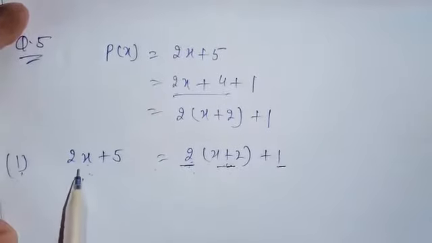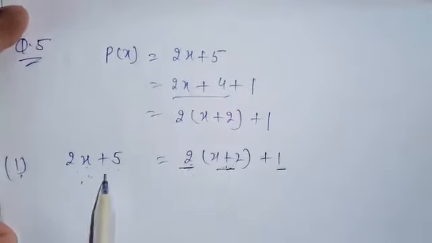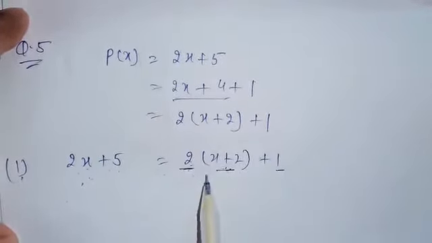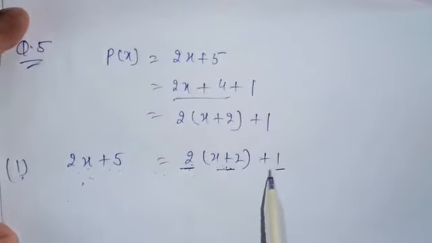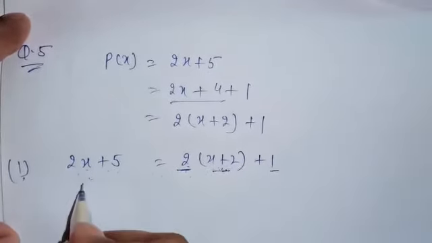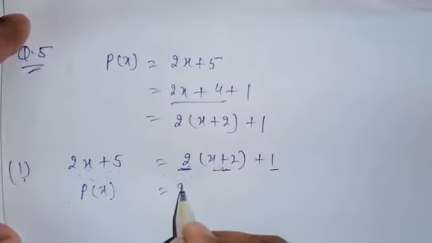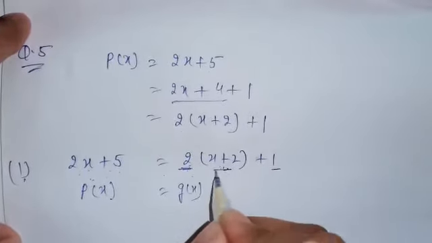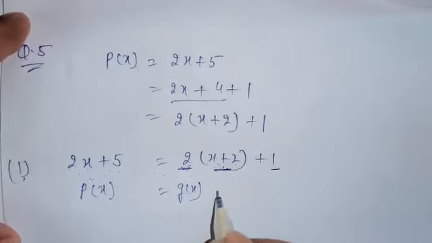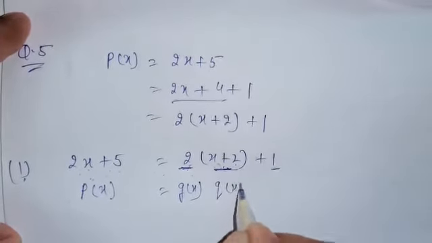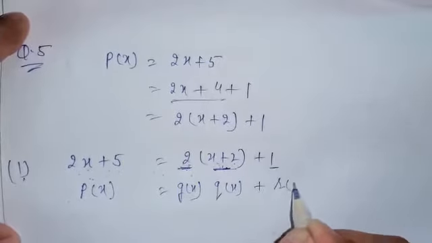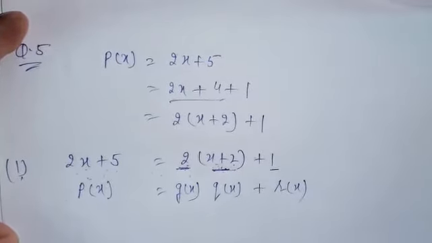Now first part. 2x plus 5, that is p(x), is equal to 2 into x plus 2, plus 1. Beta, here p(x) is 2x plus 5, 2 we will take as g(x), x plus 2 we will take as q(x), and 1 is the remainder we will take as r(x).